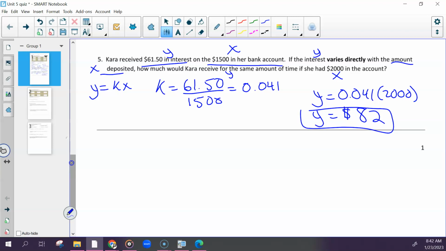So the 6 points in this were, did you label which variables were which one's x, which one's y, or whatever variables you use? Did you set up your original equation? Did you solve for k and simplify it, get the decimal answer? Did you do the work to find y, and then the correct answer for y with the label? Questions on that one?